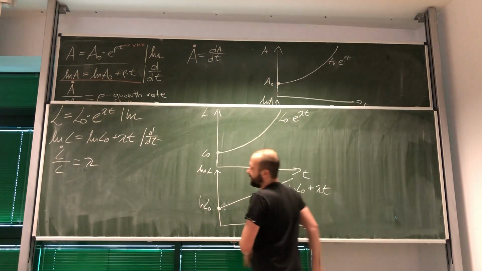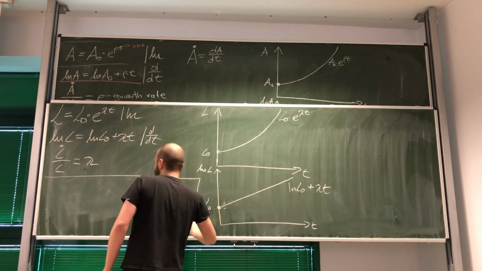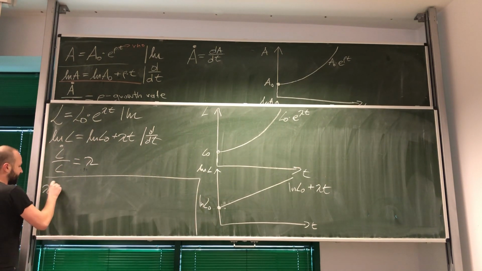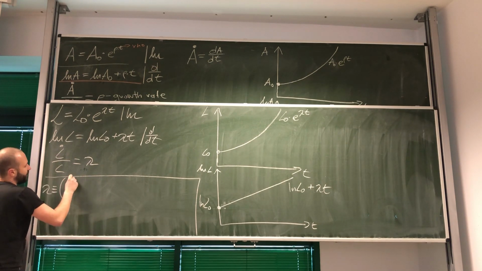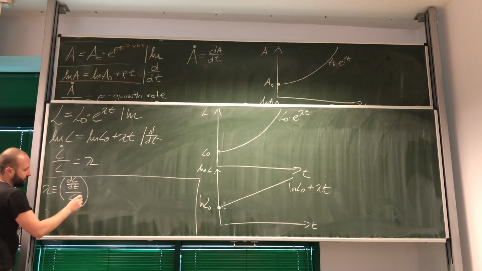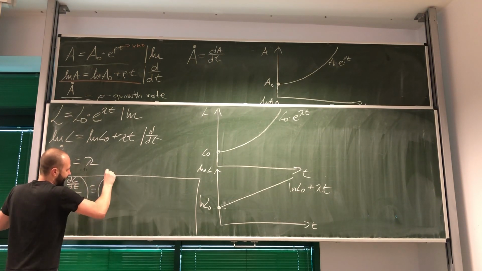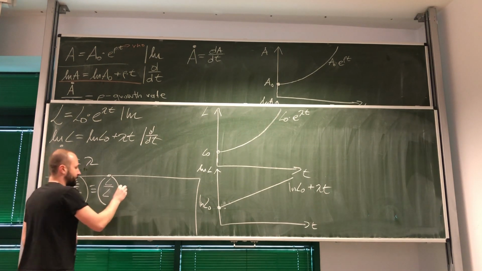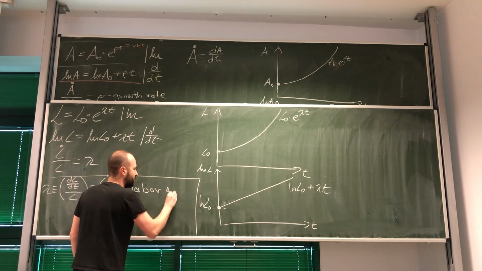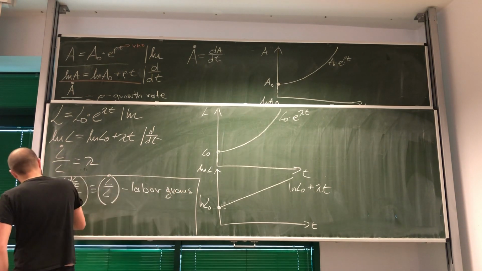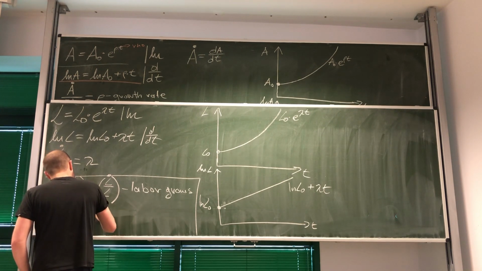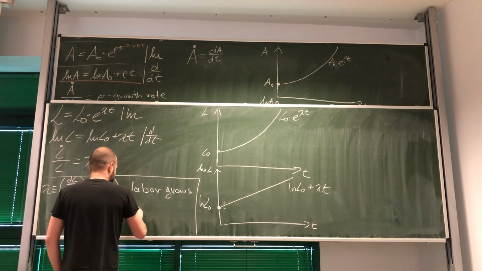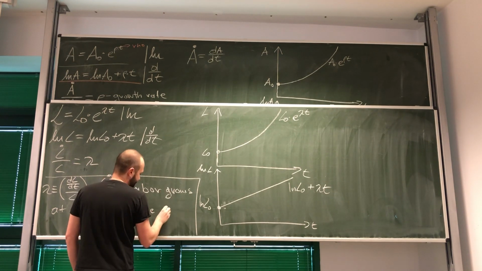So our final assumption here is that lambda, which is by definition dL/dt over L, which is L dot over L, is equal to lambda, which means that labor grows at a constant rate lambda.